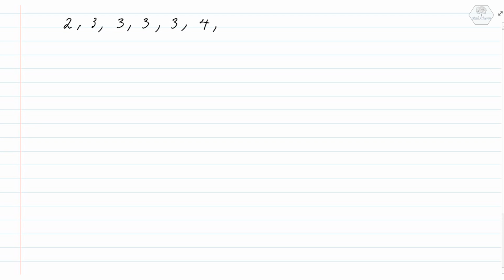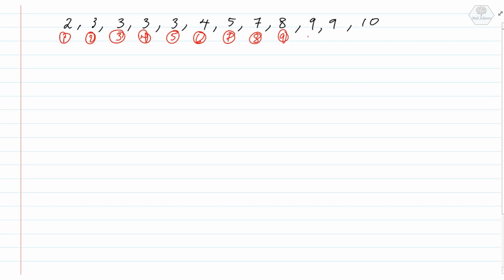I have a 1, 4, then a 5, a 7, an 8, a 9, and a 9, and a 10 here. Let's label our data. This is the first, the second, third, fourth, fifth, sixth, seventh, 8, 9, 10, and 12.